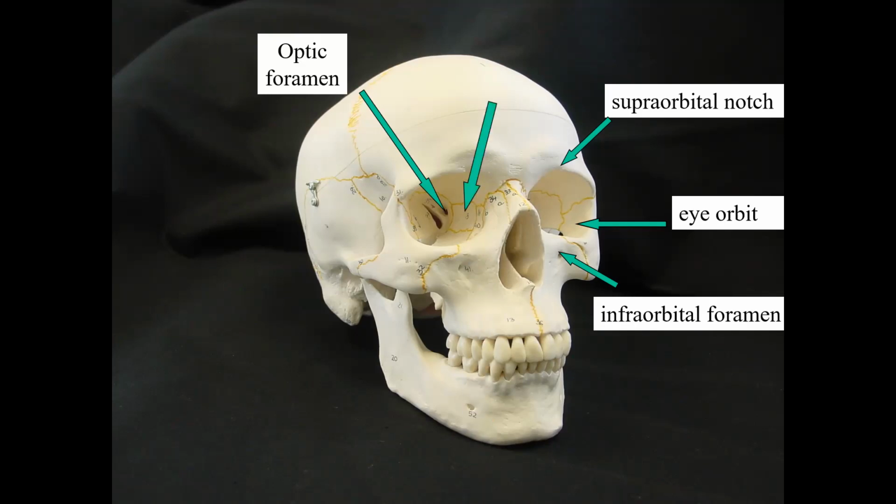Directly in front of the optic foramen, on the medial wall of both orbits, because it's on the side of the orbit closest to the midline, is the ethmoid bone. The ethmoid bone is not a little bone. It extends from side to side in the orbit, one in each orbit on the medial surface.